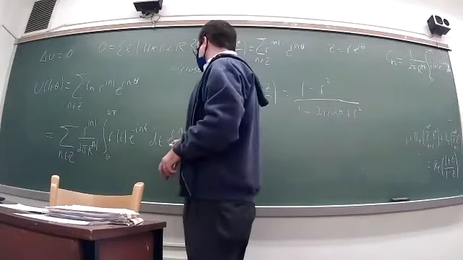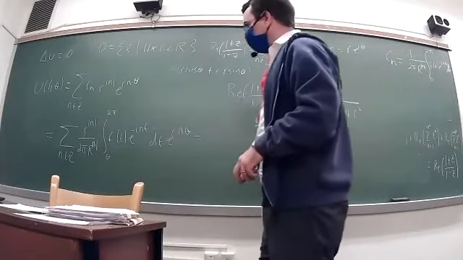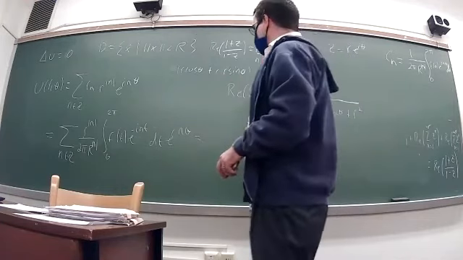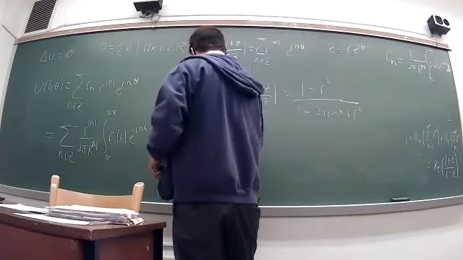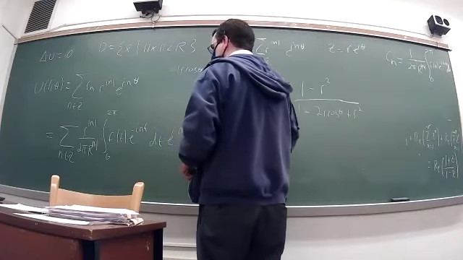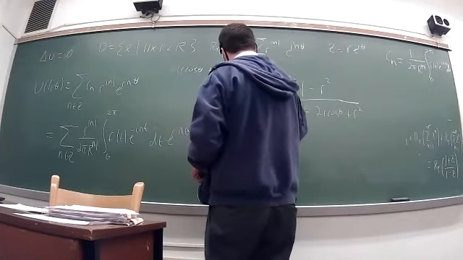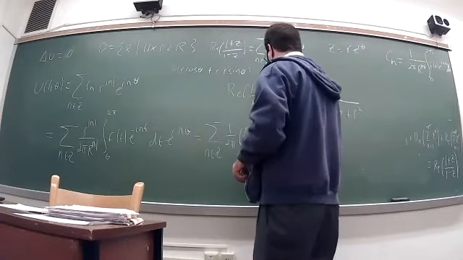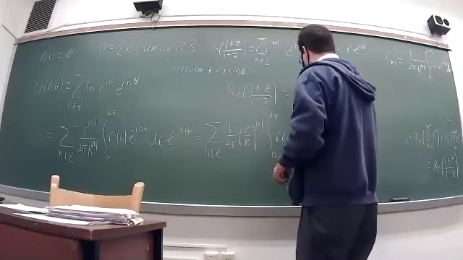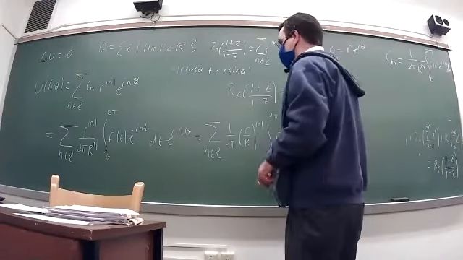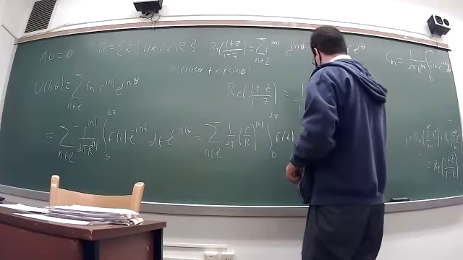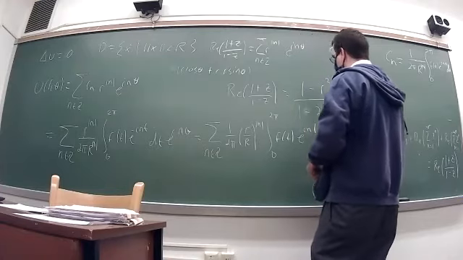I can bring this e to the i n theta inside the integrand, and I'll end up with 1 over 2 pi, and I'll write this as r divided by capital R to the absolute value of n, integral from 0 to 2 pi, f of t e to the minus i n t times e to the i n theta, so this is e to the i n times theta minus t, dt.